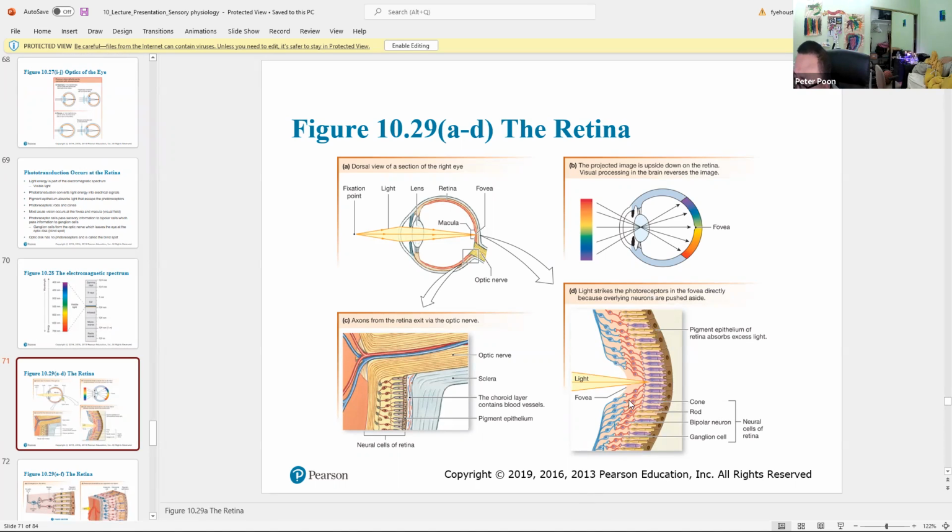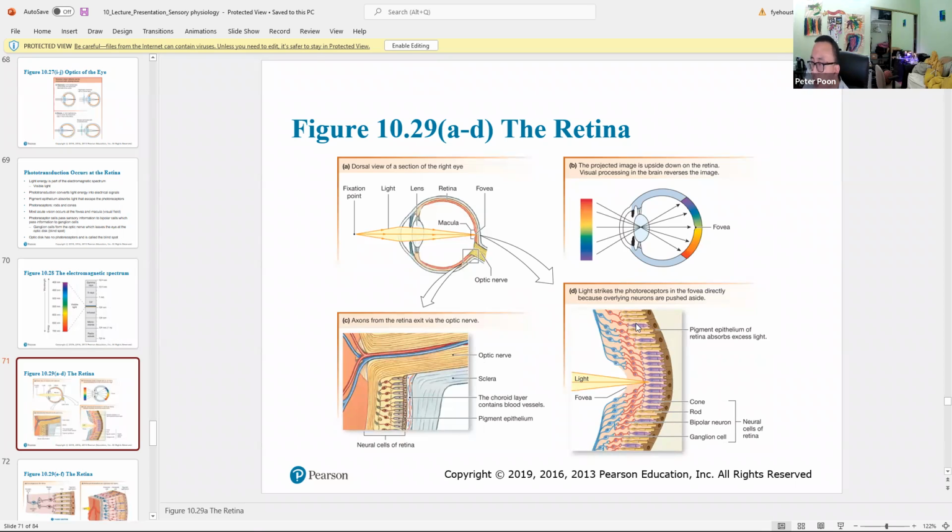Here you have the macula and the fovea centralis. The fovea centralis is the very center, and it only has cones, and there's less stuff around it. So the most focused light is here in the fovea.